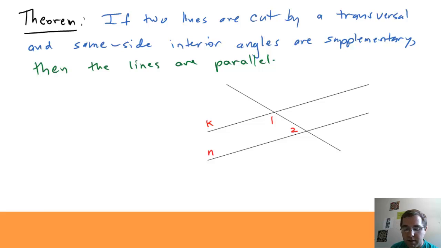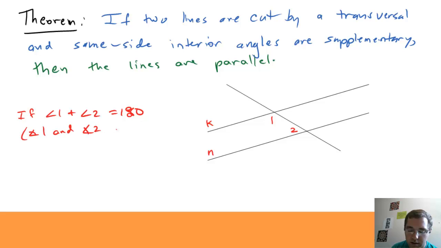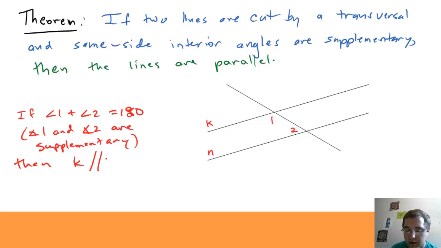So in the case of this diagram, if angle 1 plus angle 2 equals 180, which is another way of saying angle 1 and angle 2 are supplementary, then line K is parallel to line N. So in shorthand, same side interior angles supplementary implies parallel lines.